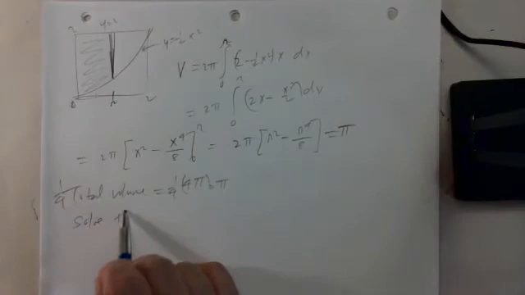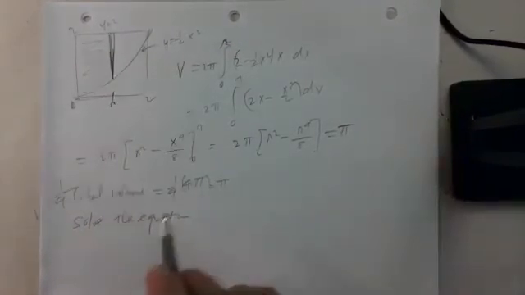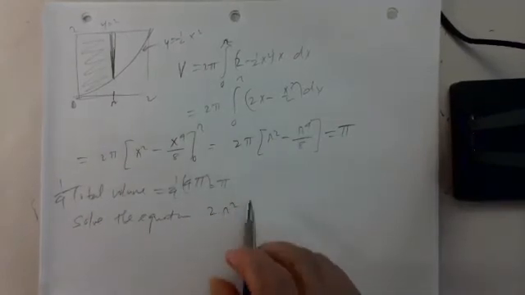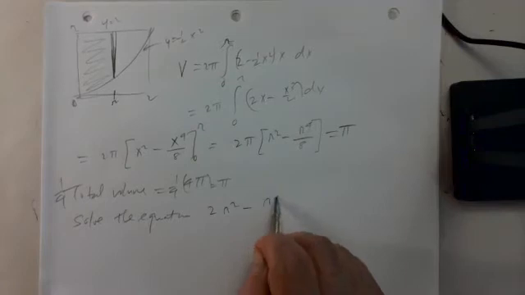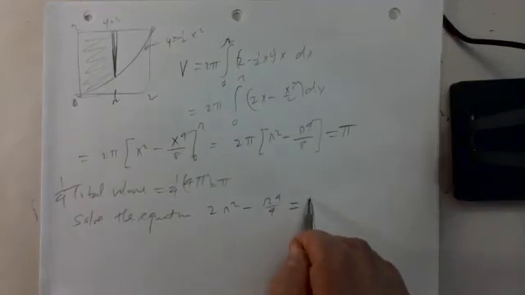So we need to solve the equation. The pi's cancel. 2 r squared minus r to the 4th over 4 equals 1.